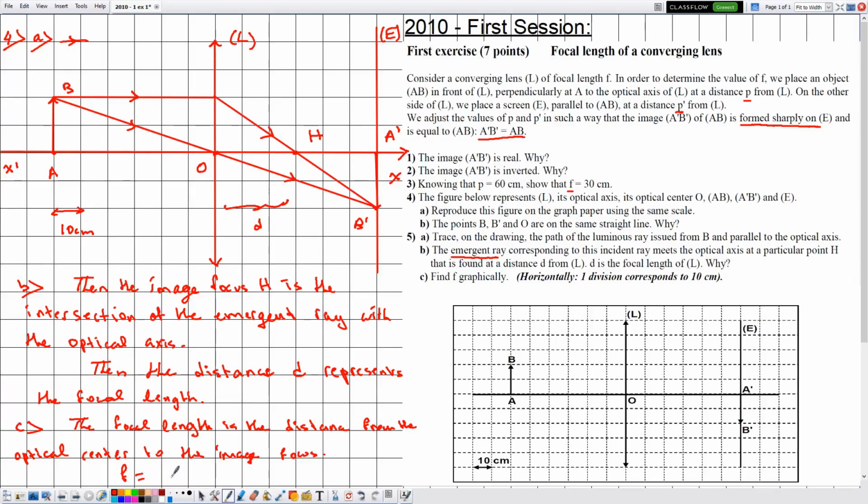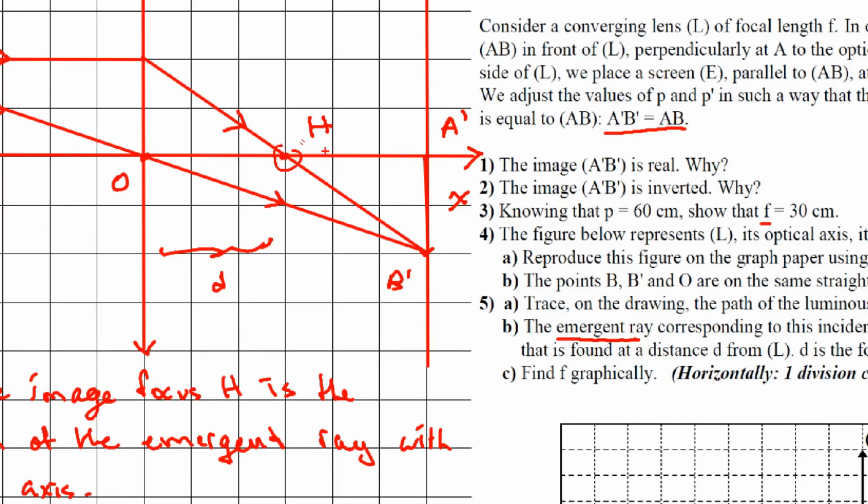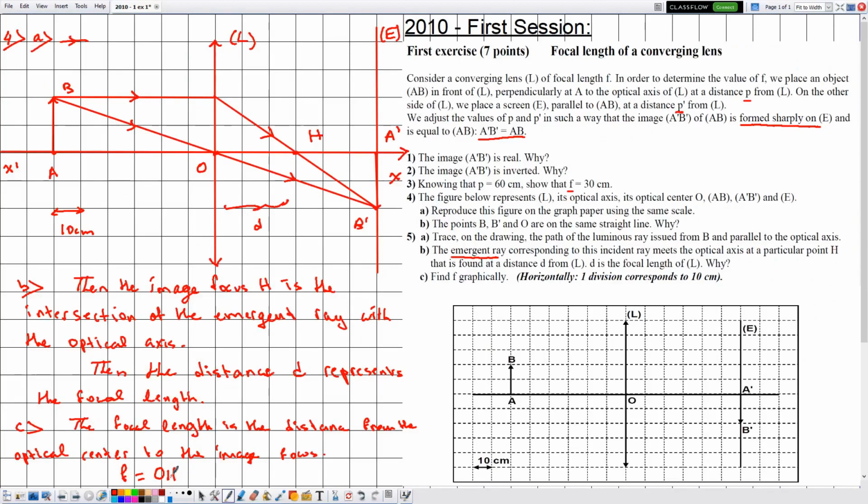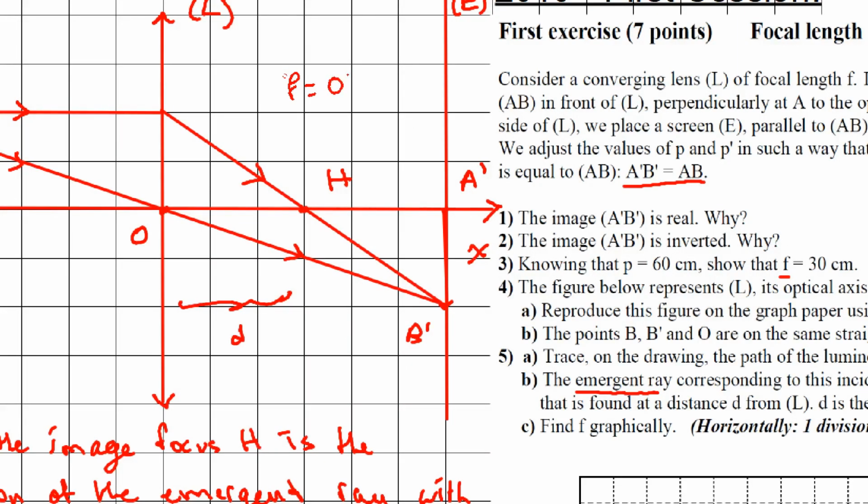So f is equal to the distance from the optical center, which is the point O, to the image focus, which is denoted by H. And we don't forget the bar because this distance may be positive or negative. f is equal to OH bar.